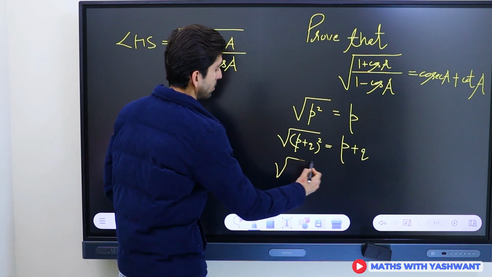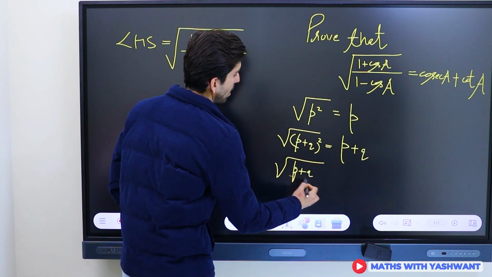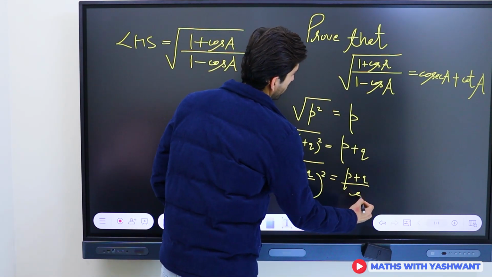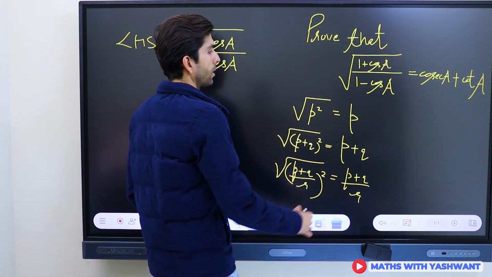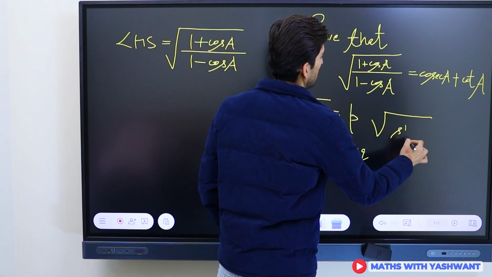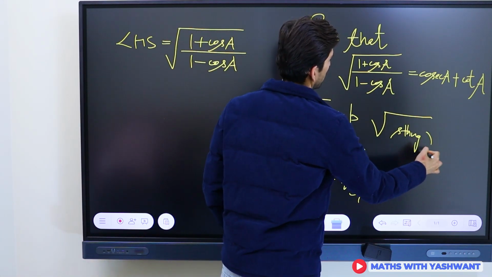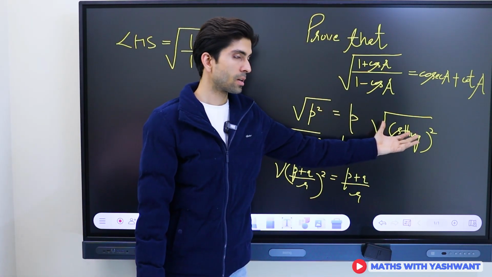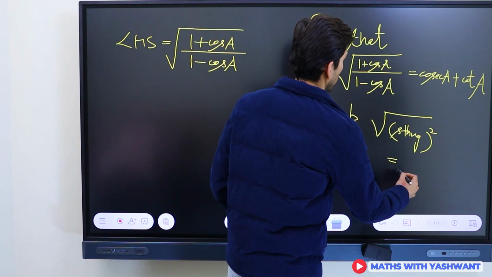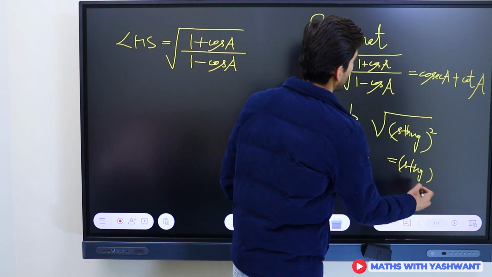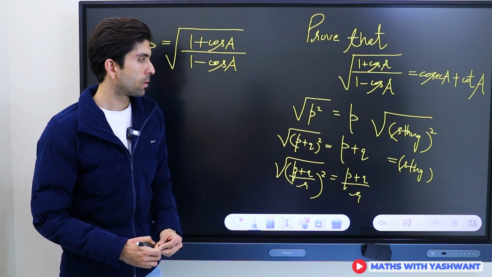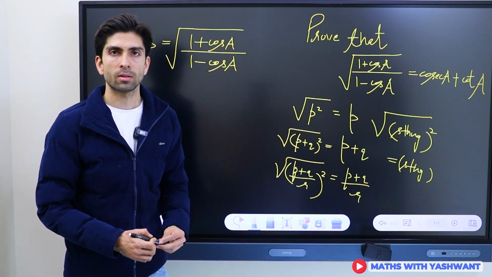Or if we have p plus q by r whole square, we can write it as p plus q by r. So the idea is, if the expression inside the square root looks somewhat like this, we can write it as something. That something can be any expression, algebraic or trigonometric. Hope you understand this.